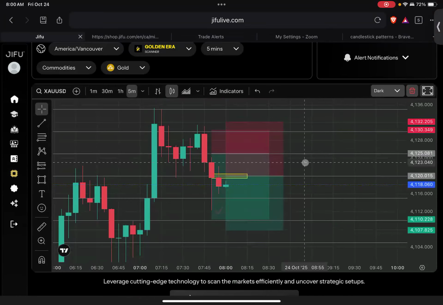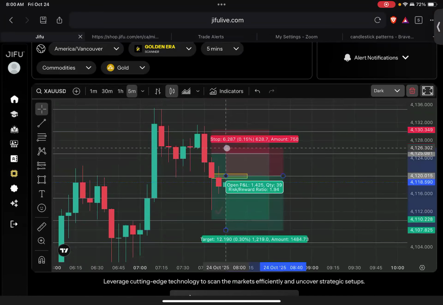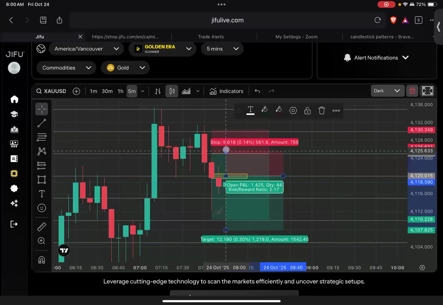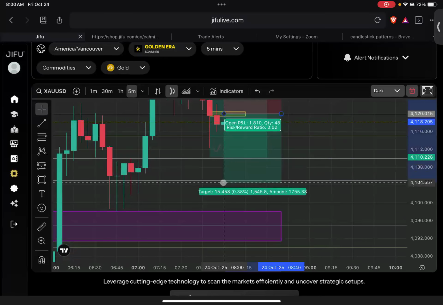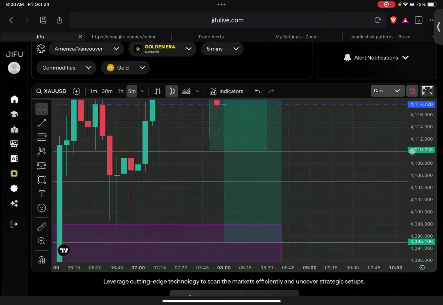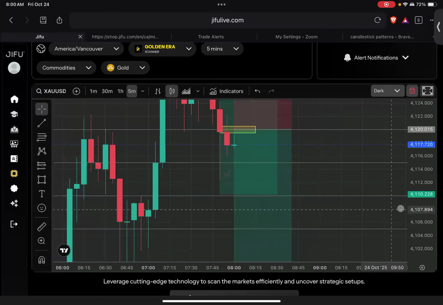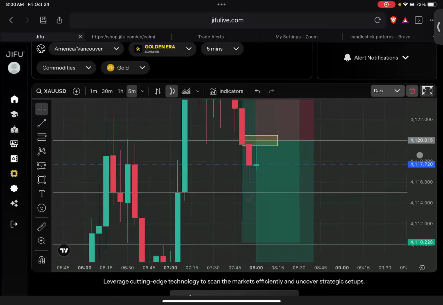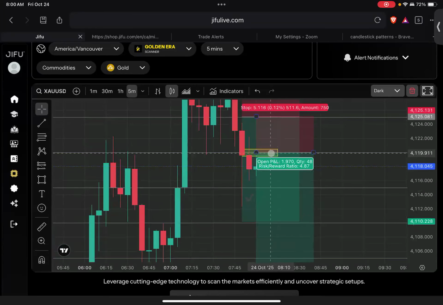If we get that pullback, stop loss 41.25 and take profit. We're going to run this to 4,095. Oh, we just got that pullback. That was quick. Did anybody catch that?